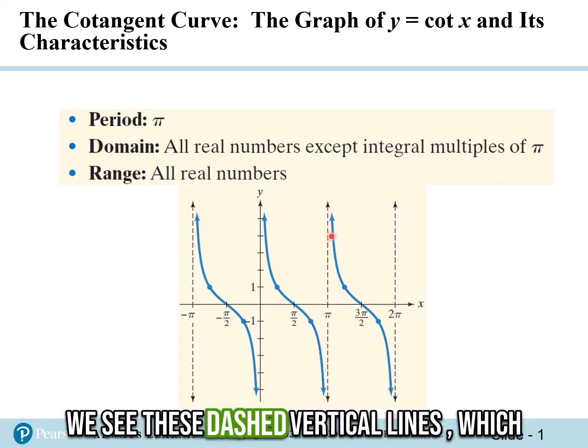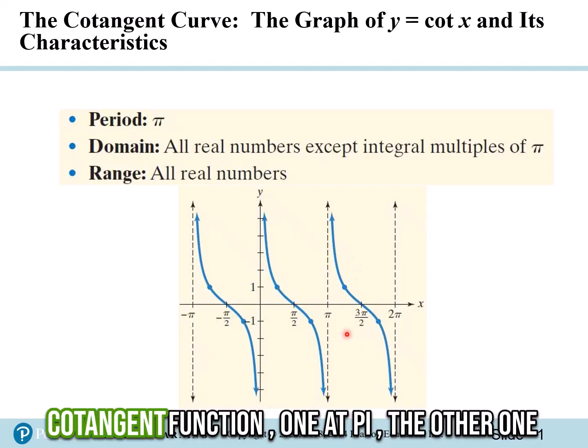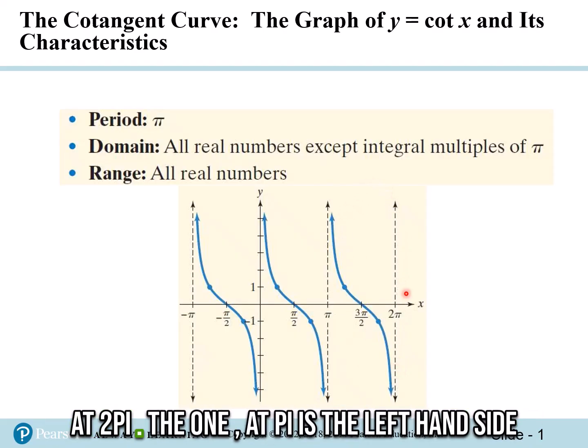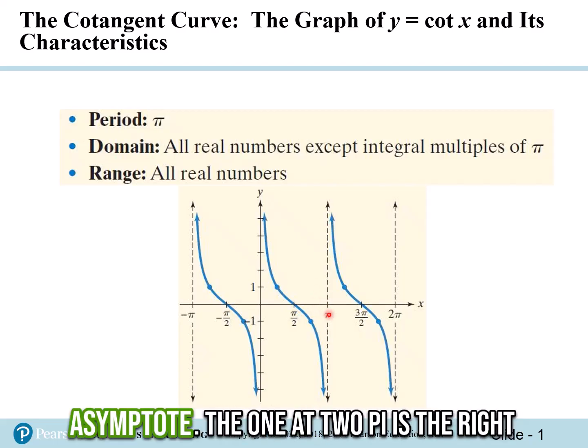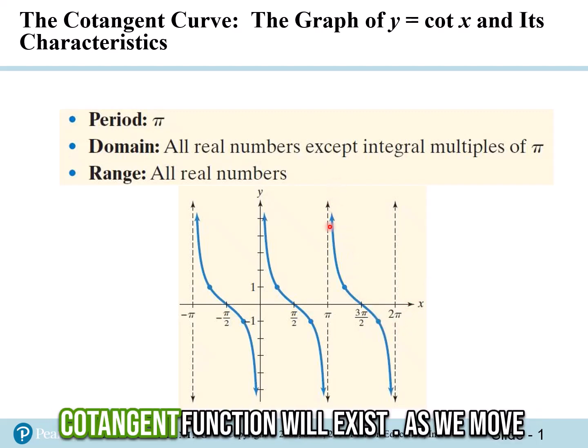We see these dashed vertical lines, which are the vertical asymptotes of the cotangent function, one at pi, the other one at 2 pi. The one at pi is the left-hand side asymptote. The one at 2 pi is the right-hand side asymptote, within which the entire cotangent function will exist.